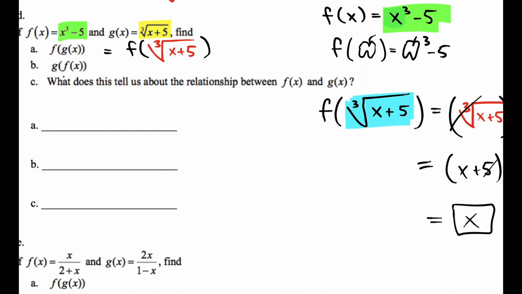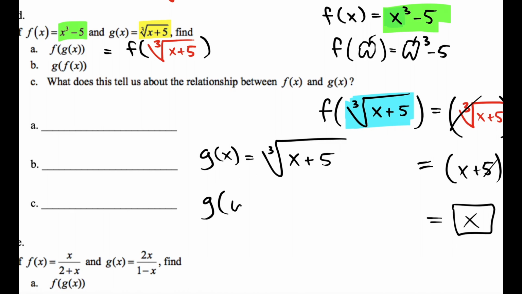Let's find the reverse, g of f of x. So g of x, they gave a formula for it. It's cube root of x plus 5. Now if they had said find g of apple, it would have been cube root of apple plus 5.